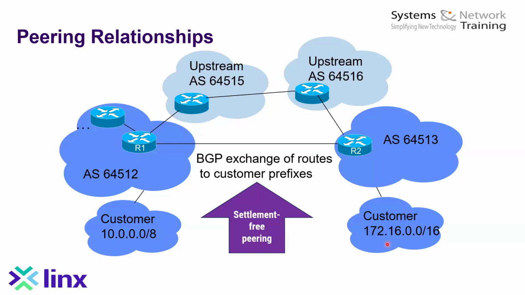Okay, so in other words, here, there's a peering relationship that takes place now, which is different to the previous slide. And that peering relationship takes place between 64512 and 64513 for the purpose of allowing their customers to interconnect over this path here, not via the upstream transit providers.